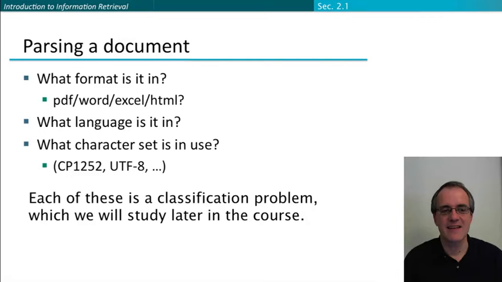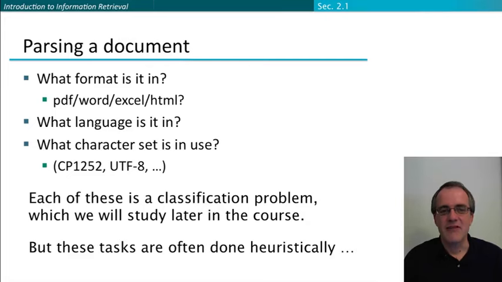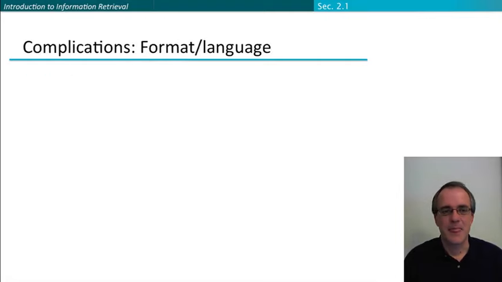Each of these is a classification problem, trying to assign an input to one of a number of classes, and we'll study classification problems in general later on, but in practice, a lot of these tasks are done heuristically.